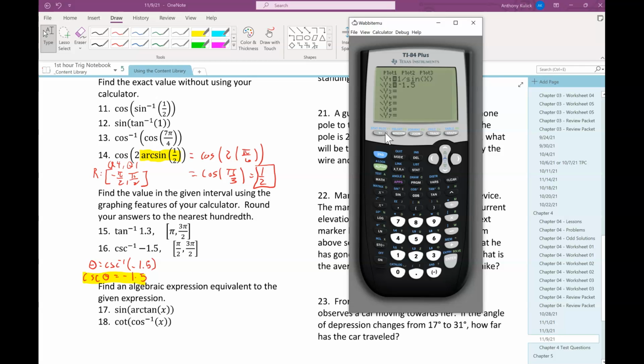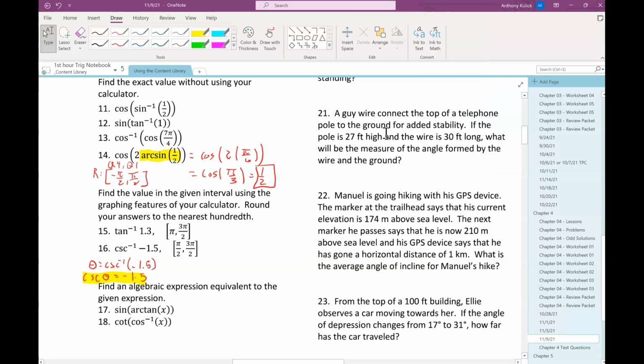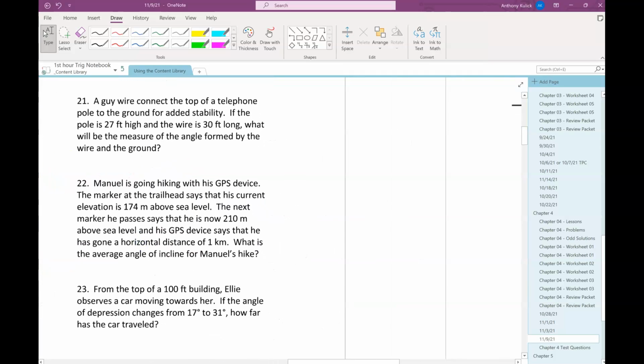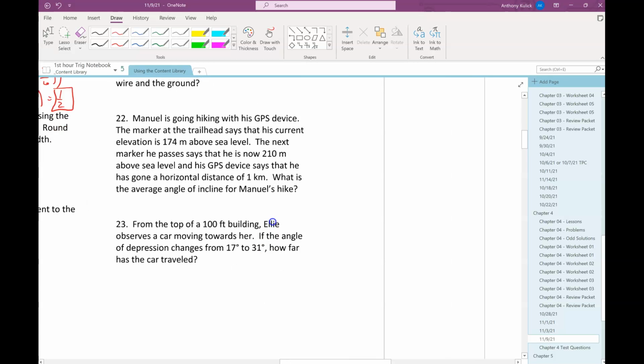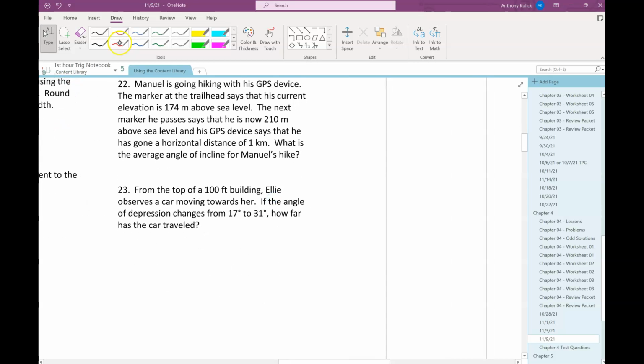Jane? I was trying to use number 22. Sure. It says Manuel is going hiking with his GPS device. The marker at the trailhead says his current elevation is 174 above sea level.